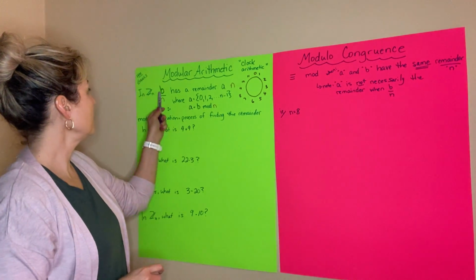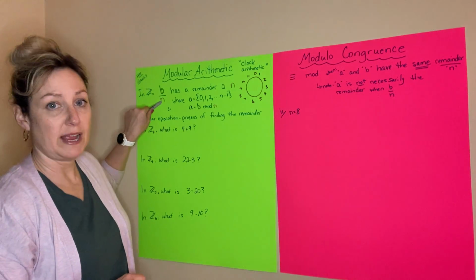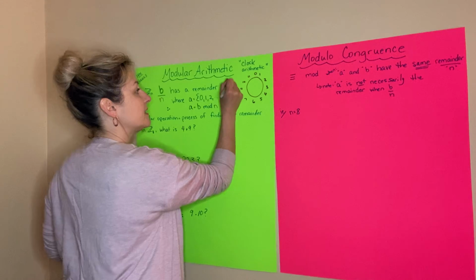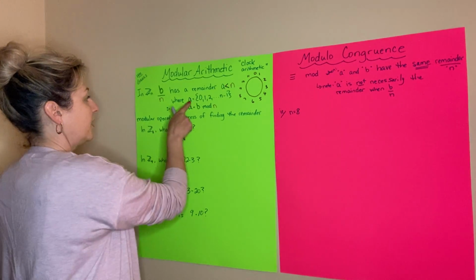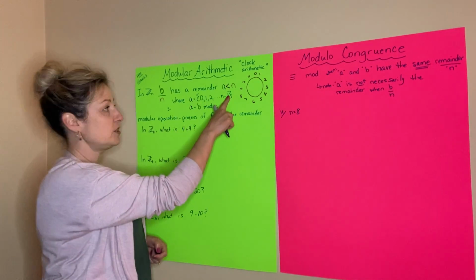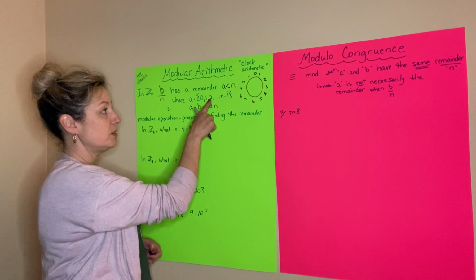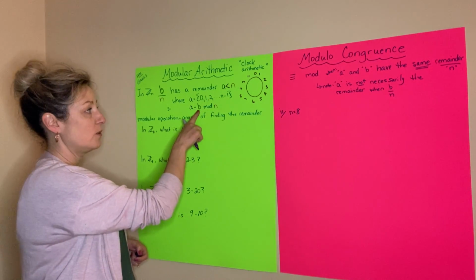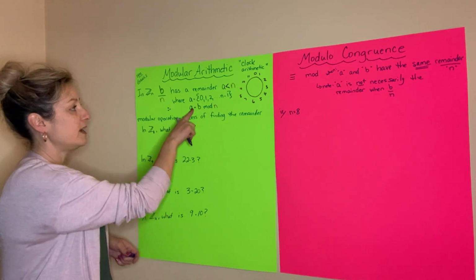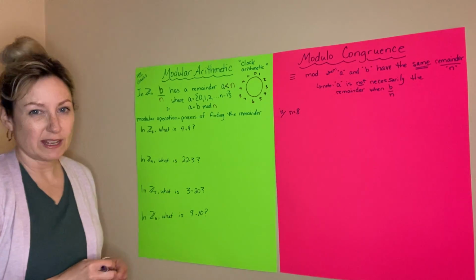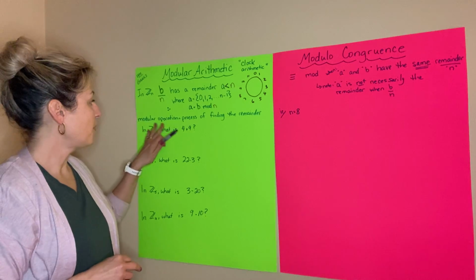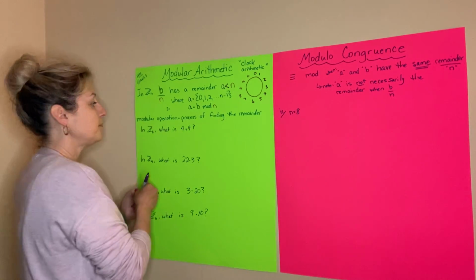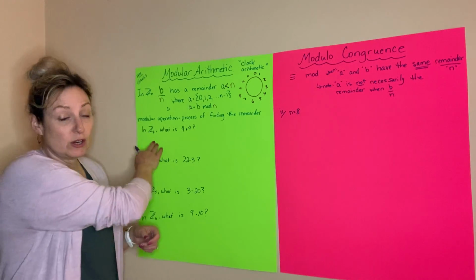Here we have when b is divided by n, it has a remainder a less than n, where a is equal to all of the integers from 0, 1, 2, all the way through to n minus 1. So a equals b mod n. It's a little confusing, but the modular operation is basically the process of finding the remainder.